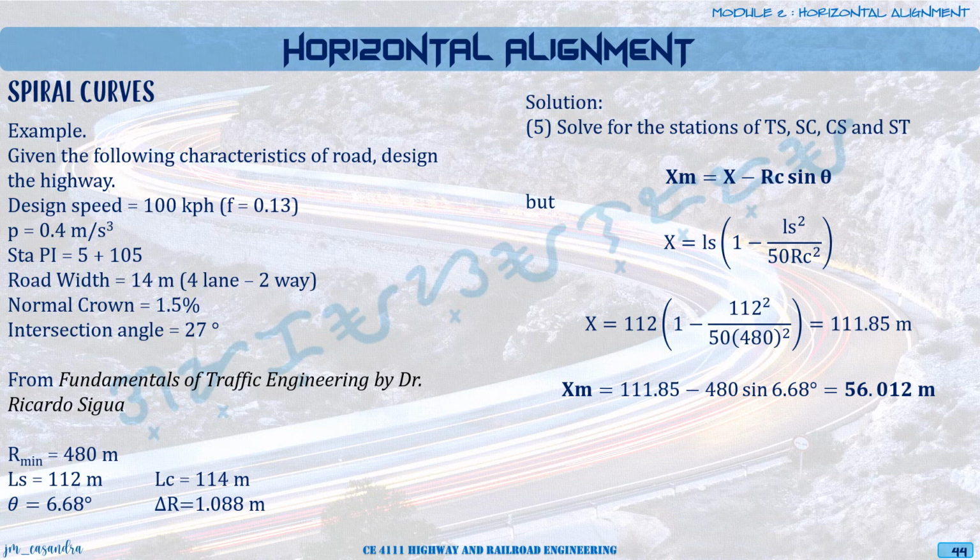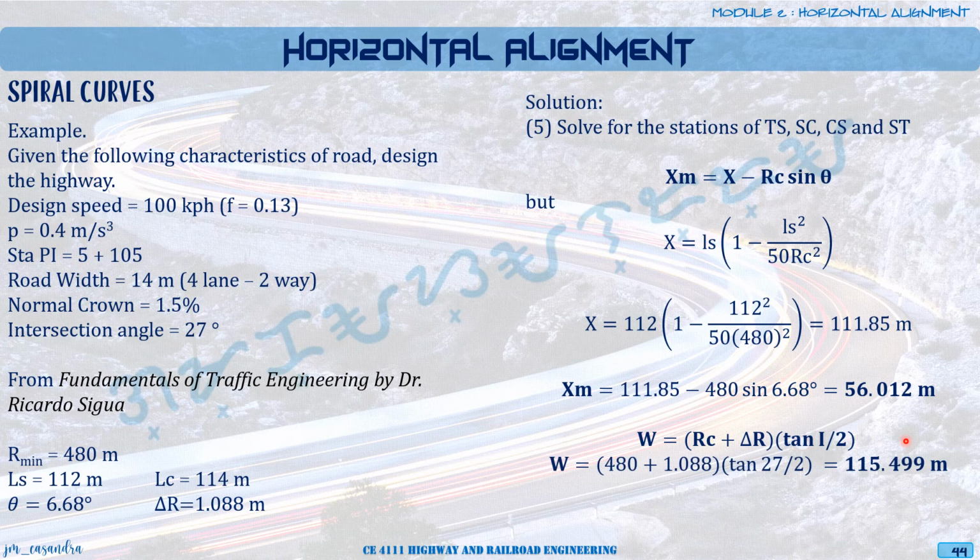56.012 meters. And then we compute for W, which is equal to RC plus delta R times the tangent of the original intersection angle. So W is now equal to 115.499 meters.